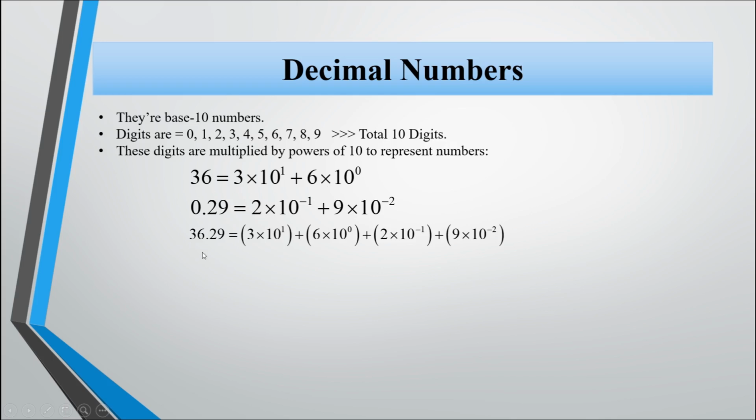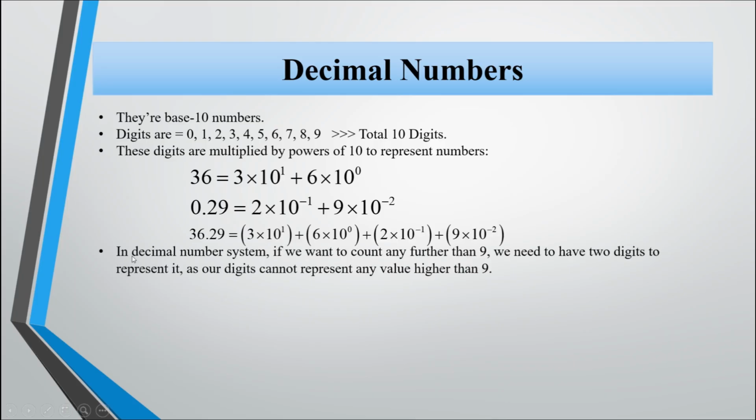In total, we have the number 36.29, which is actually 3 multiplied by 10, plus 6 multiplied by 1, plus 2 multiplied by 1/10, plus 9 multiplied by 1/100.